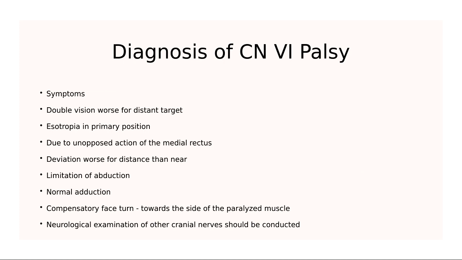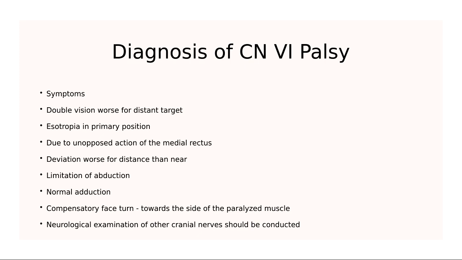In this pictorial here, you'll see the diagnosis, I should say first. The person may have double vision, which is worse for distant objects. They'll have esotropia in primary position due to the unopposed action of the medial rectus. The deviation is usually worse for distance than near.